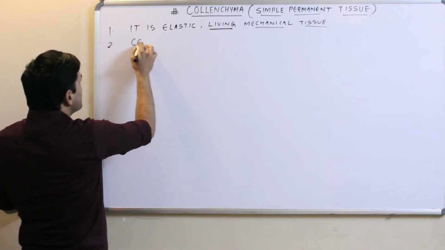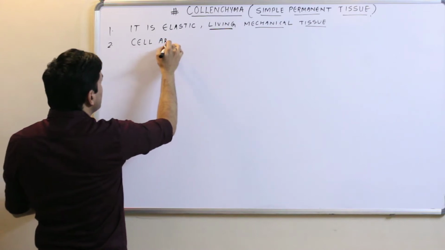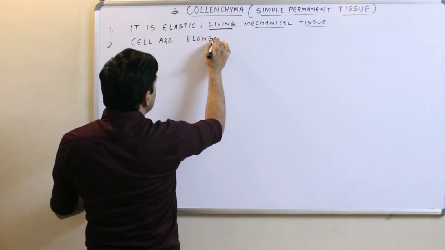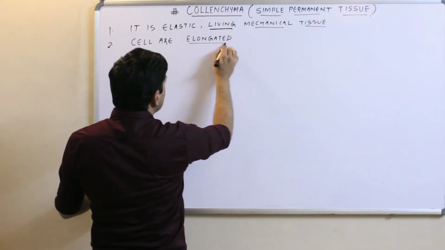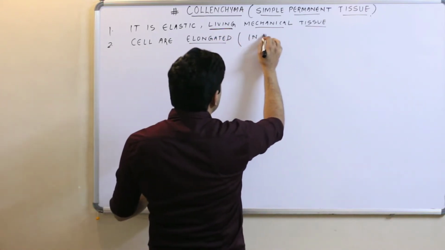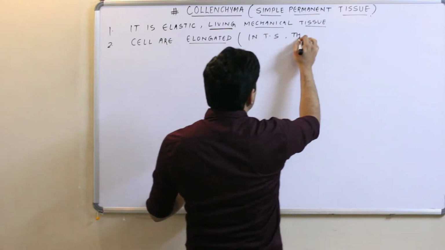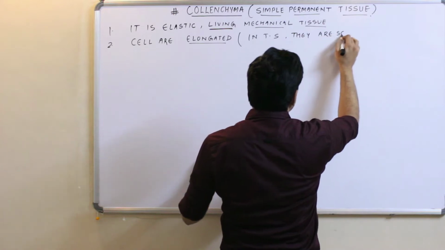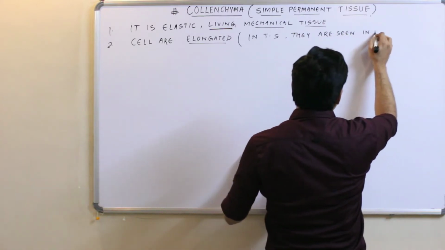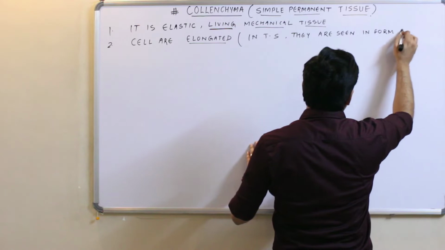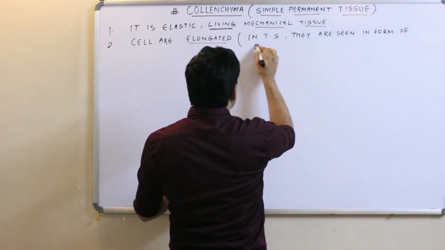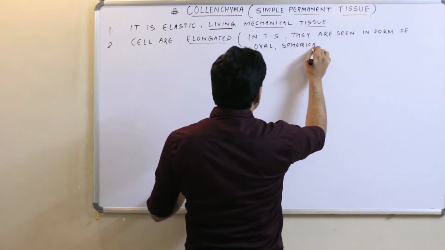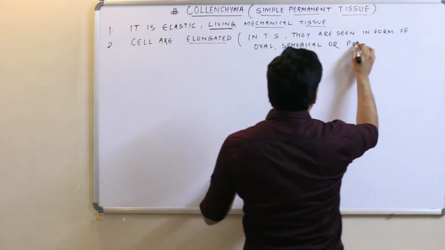Now, cells are elongated. In transverse section, they are seen in the form of oval, spherical or polygonal shape.